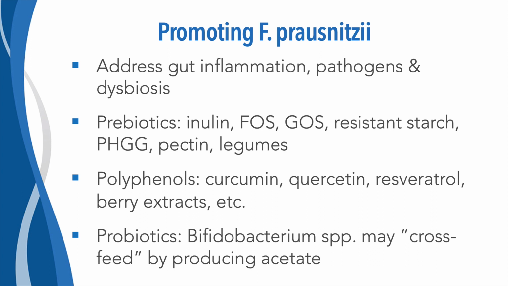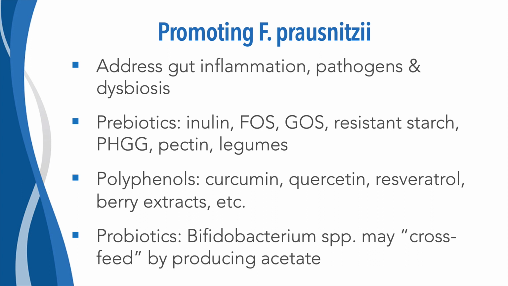Another potential category of factors that can promote Faecalibacterium include polyphenols, and those that have been best studied so far in terms of helping to promote Faecalibacterium and other butyrate-producing bacteria would be curcumin, quercetin, resveratrol, and various extracts from berries such as blueberries, cranberry, etc.